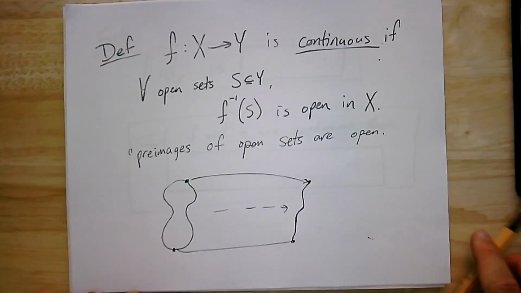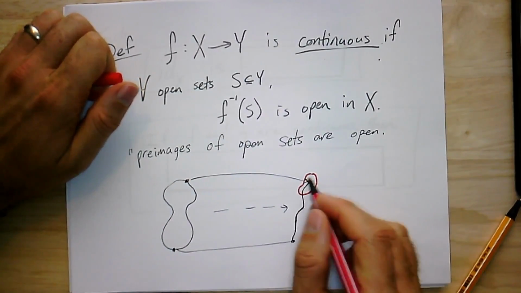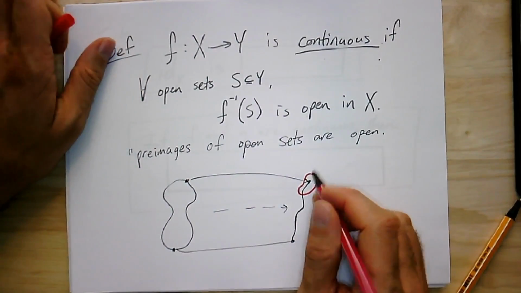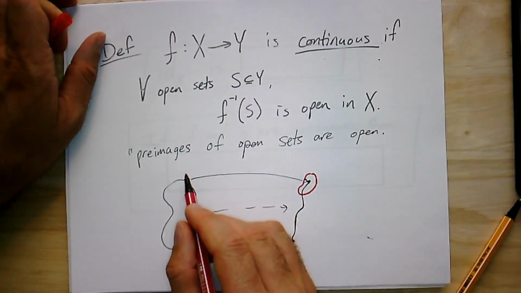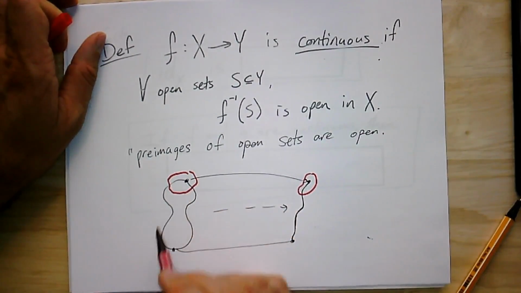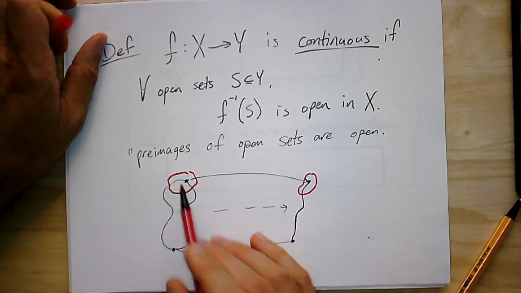What I would do is I would look for some open set here, right? So the open sets in the image are just intersections of the open set in Rn with the curve, and I look at where it came from with some open set here, and I just want to make sure that the preimage of this open set is open.